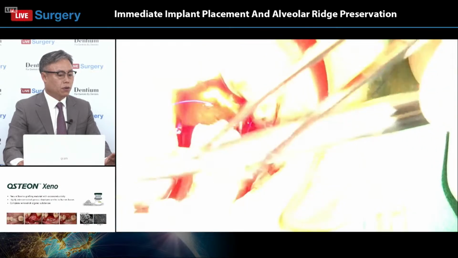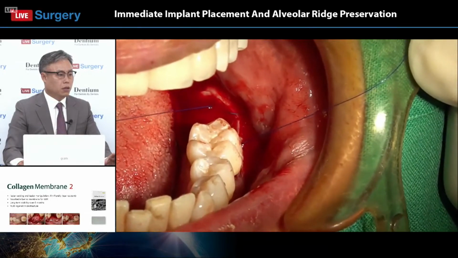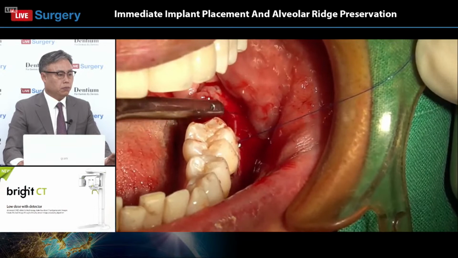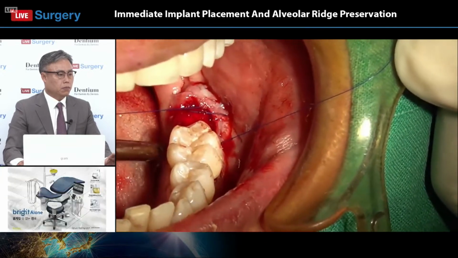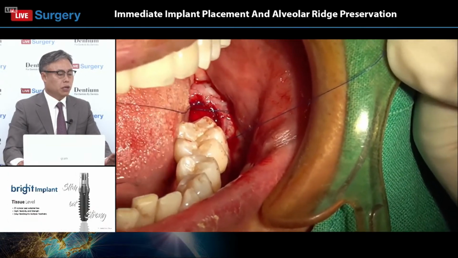It's good for the ridge preservation technique. You can choose whatever you want for the suture technique.